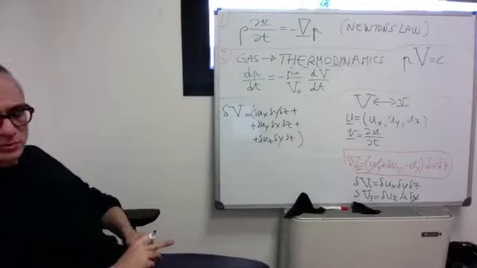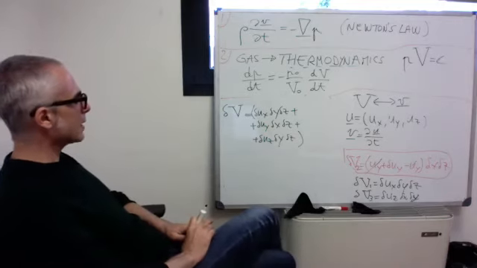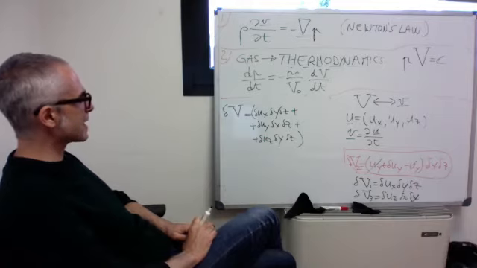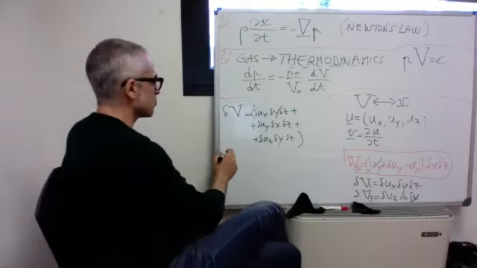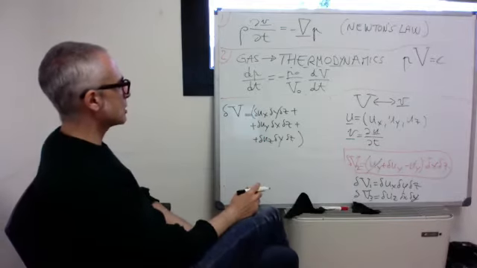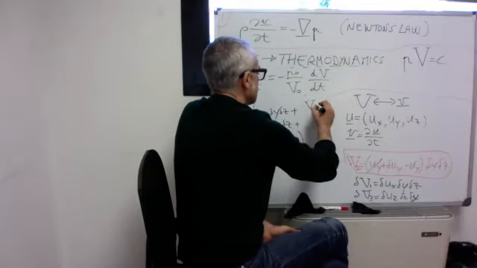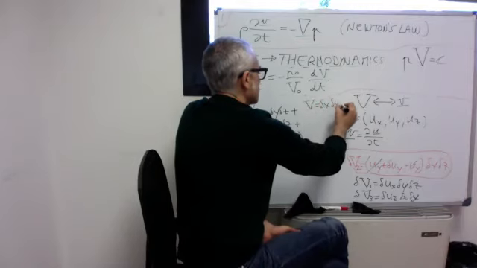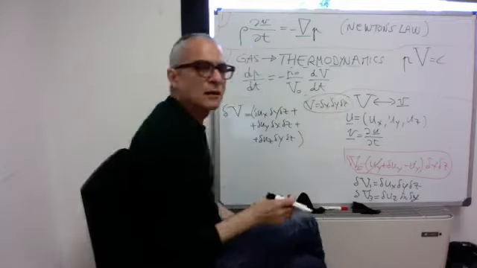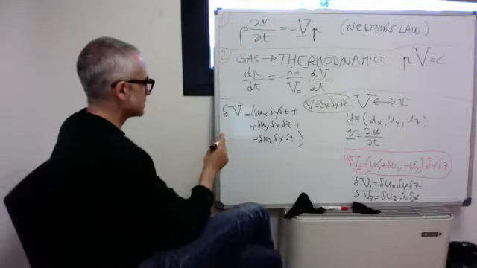Okay, it doesn't look very beautiful, but now let's actually divide both sides of this equation by the initial volume, V equal delta x delta y delta z, of my element of gas, of my element of mass.